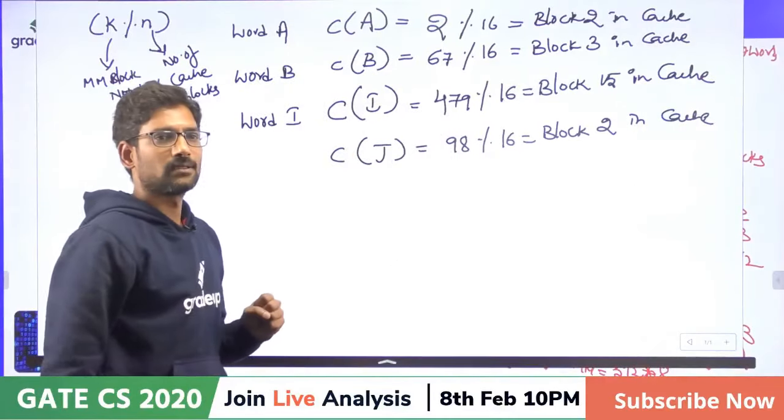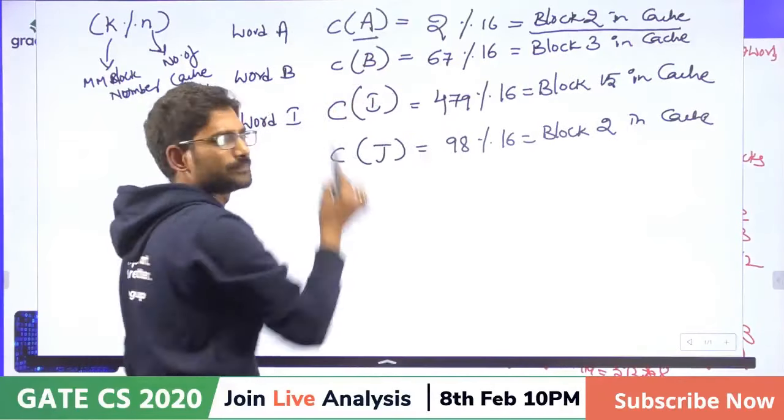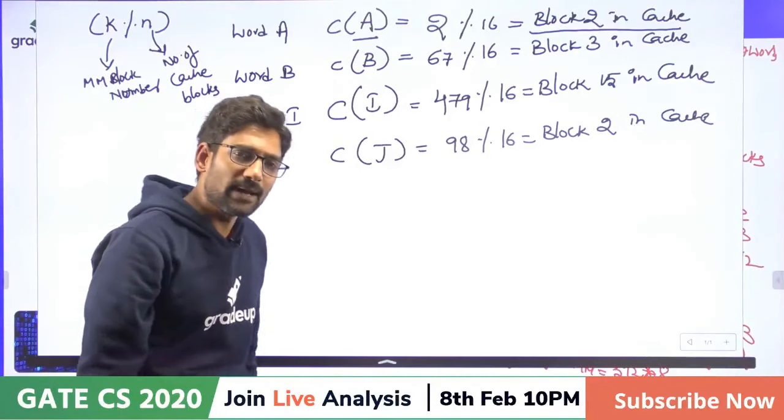Block 2 in cache, but in block 2 A is already there. So what will happen?